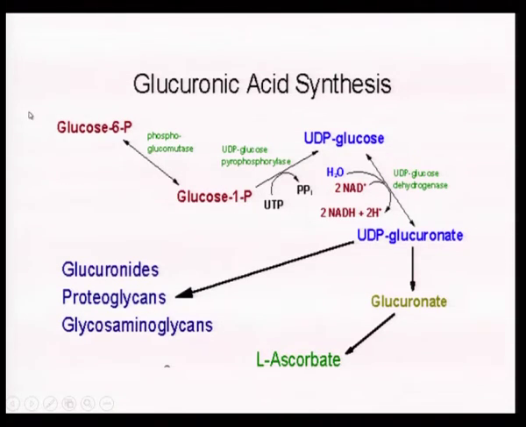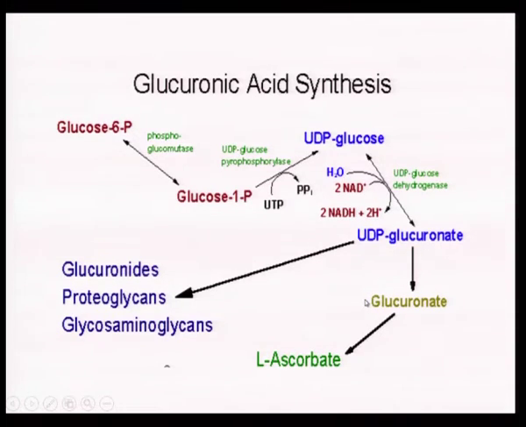So, you look at this picture, the glucose 6 phosphate basically comes from glucose 1 phosphate, then you have UDP glucose which acts like a kind of intermediate, and there is pyrophosphorylase that removes the phosphate group, and here you have the UDP glucose pyrophosphorylase, you have UDP glucose, and this is the kind of a reaction that you could expect in glucuronic acid where L-ascorbic acid is produced.